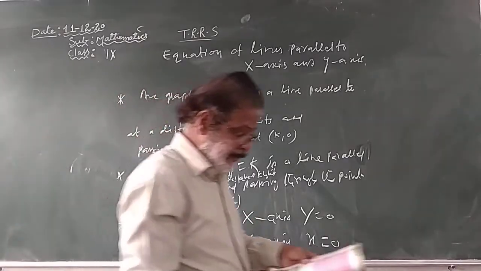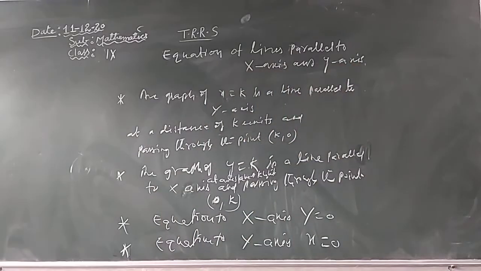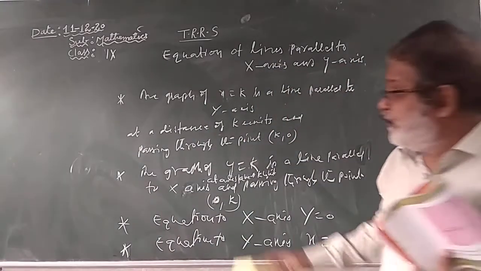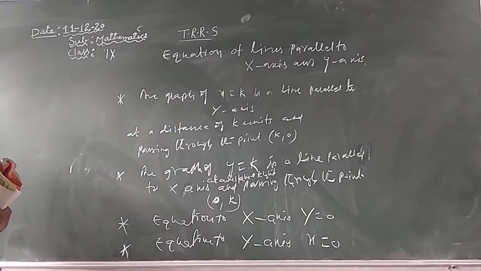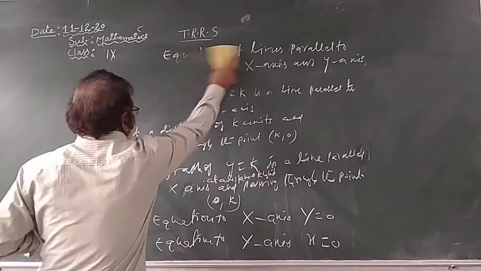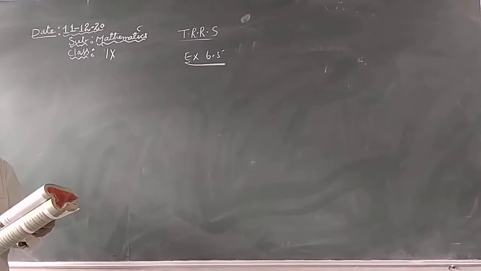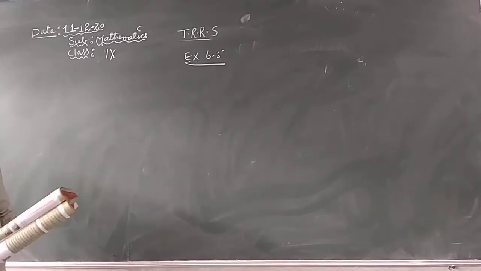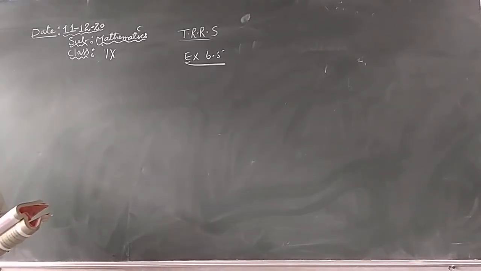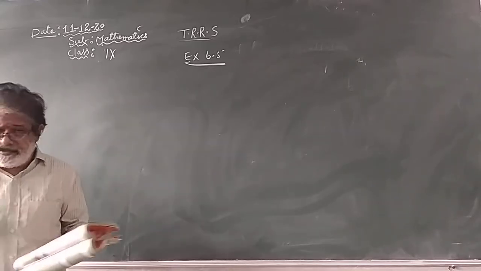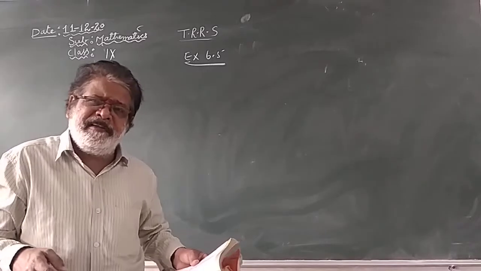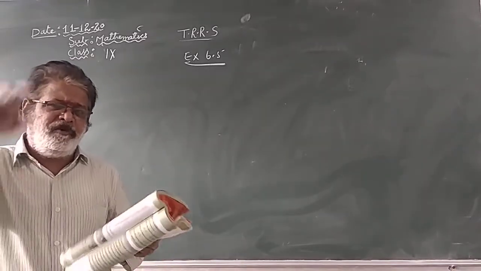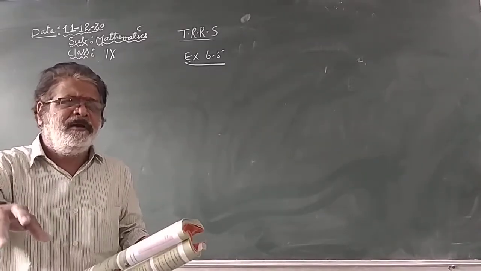I go for exercise 6.5. Now exercise 6.5, children, I hope you copied this. The concept which I explained is related to exercise 6.5. For exercise 6.4, I did not explain anything. You do it, because 6.4 has verbal problems, word problems.